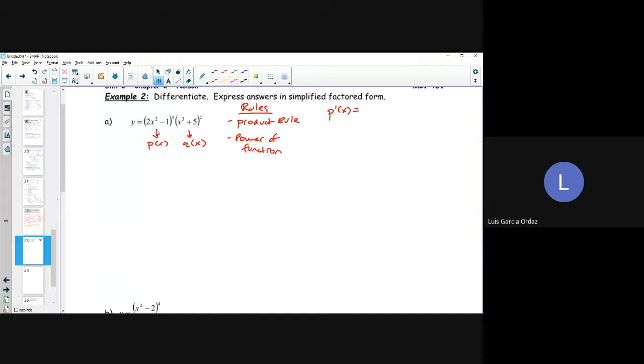Trust me, this makes your lives easier once you have everything organized properly. Whenever someone has found the derivative of p of x, let me know.